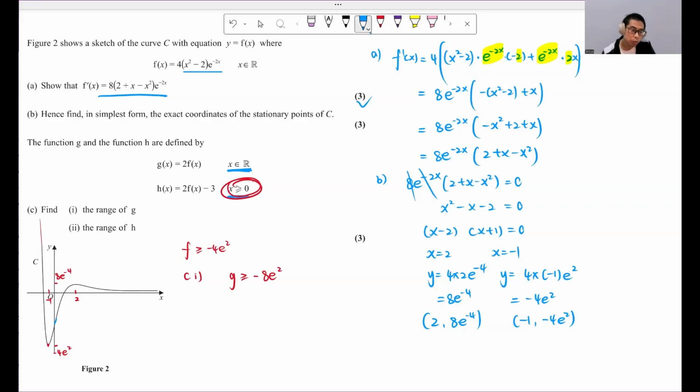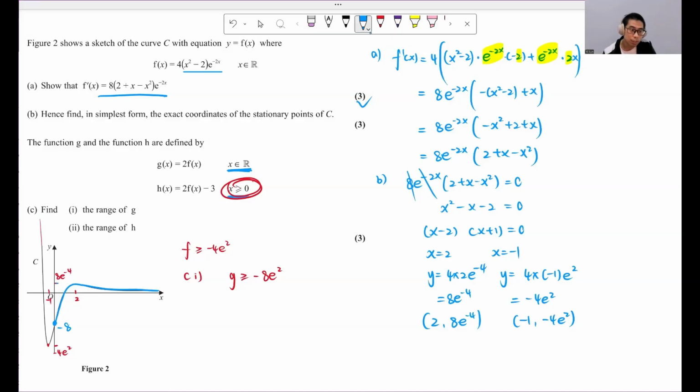So the only thing we should look at is just this part. The smallest possible y value has to be when x equals 0. If x equals 0, then 4 times negative 2 is negative 8, and e to the power 0 is 1, so just negative 8. That's the lowest possible y value.